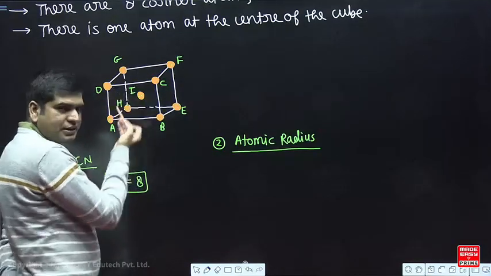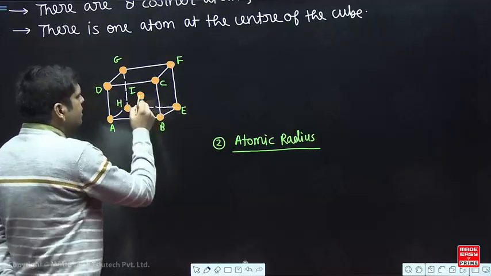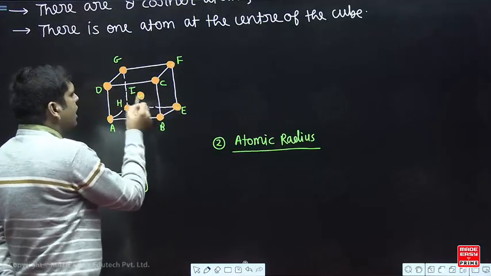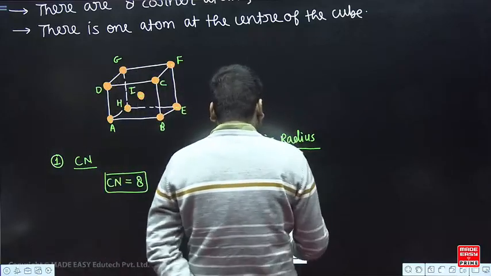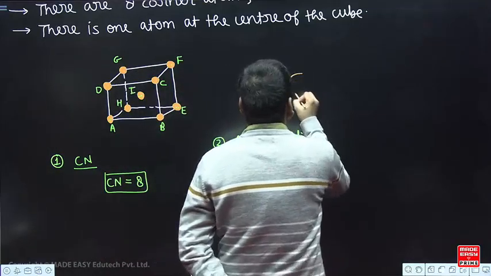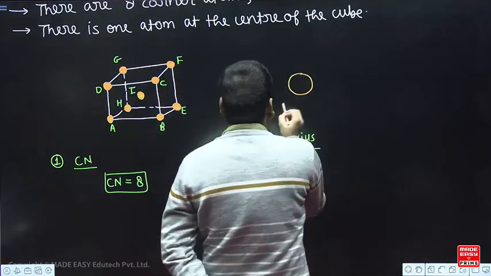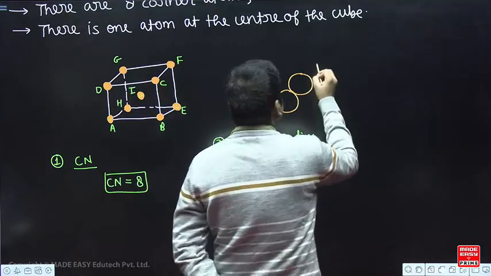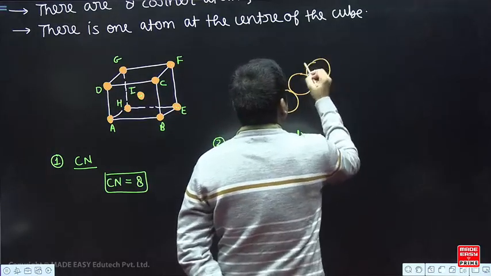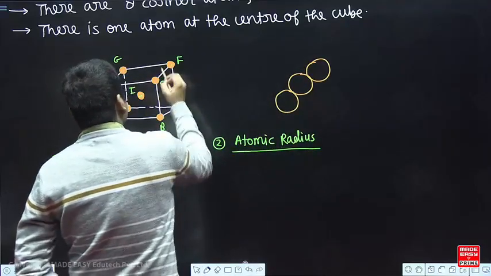This H is backside. Similarly, E, I and D are in the same line. Let us suppose this is I. A is touching it, and similarly F is also touching it. A, I, F.